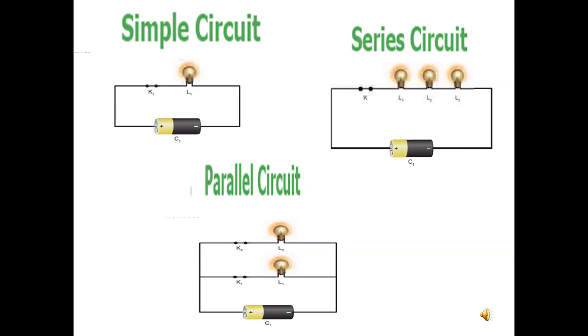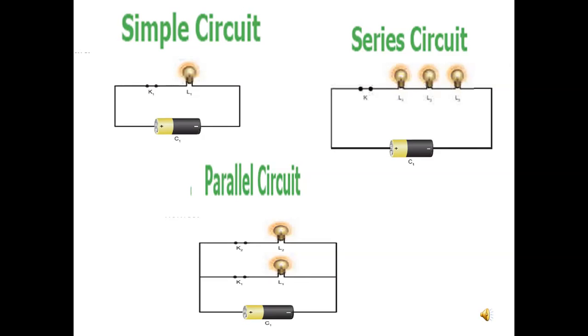The bulbs are connected in series sequence. L1, light 1, that means bulb 1, bulb 2 and bulb 3. Three bulbs are connected in a series circuit, and C1 means battery. If any one bulb or connection is damaged, the entire circuit will not work.